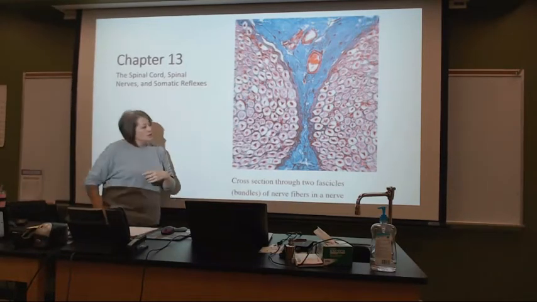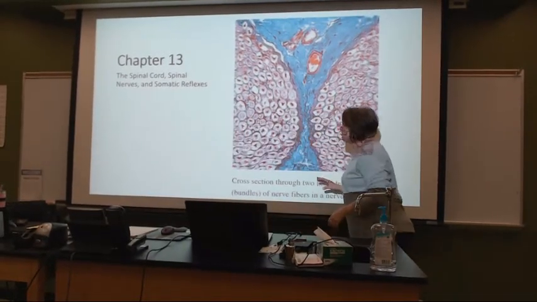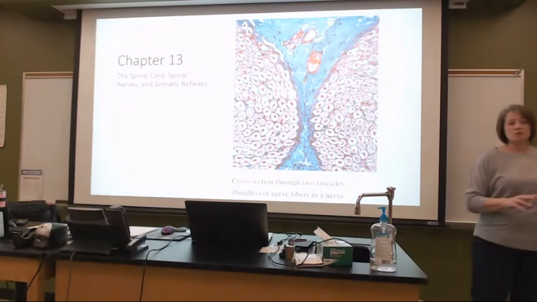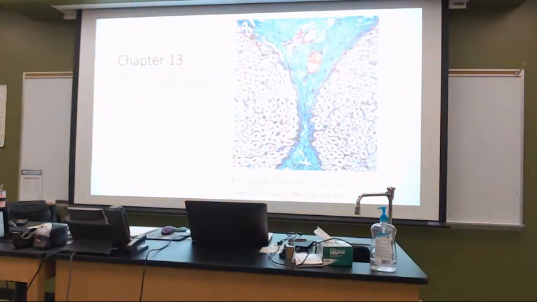I like this picture right here because it's very similar to what you studied in muscle. We're going to talk about these nerve cells and their parts because they're going to have fibers, and those fibers are going to be wrapped and so on and so forth. And this is showing how they are in bundles.